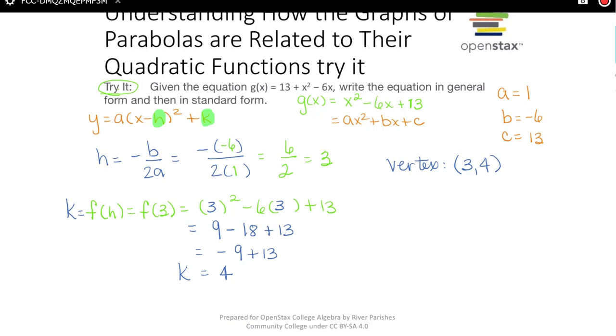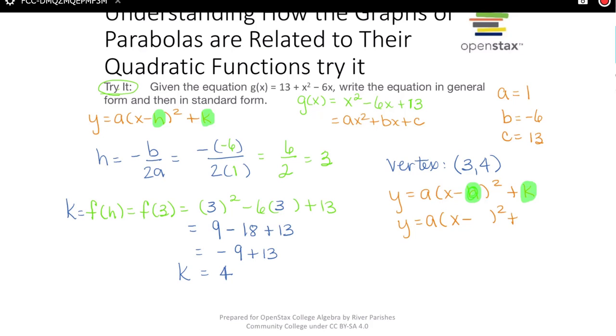So going back to vertex form or standard form, we have y equals a times x minus h squared plus k. Let's start by subbing in our h and our k.